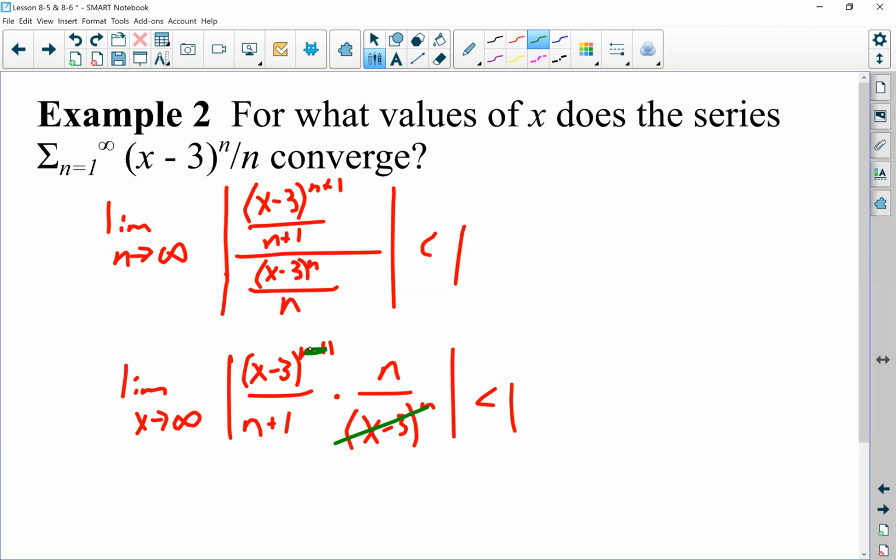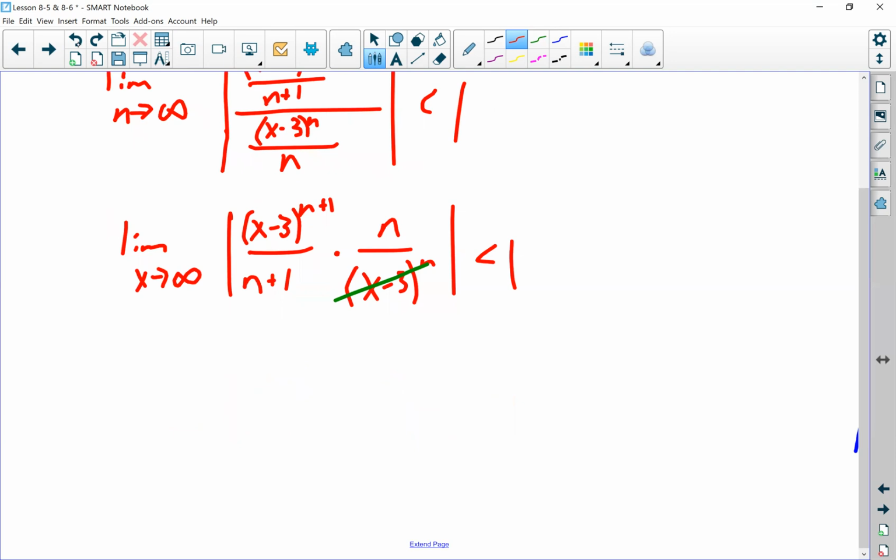Does that make sense? Okay. How about if I write it this way? So x minus 3 to the n plus 1 is the same as x minus 3 to the n times x minus 3 to the first.